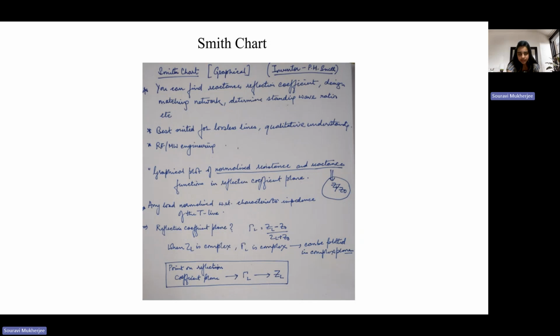Now, if you want to design a matching network, or have circuits with specific standing wave ratios, or you want to determine the standing wave ratios, all this can be done with the Smith chart. This is extensively used when we talk about RF or microwave circuits, or designing lossless lines and things like that.